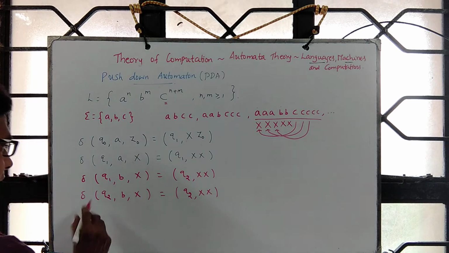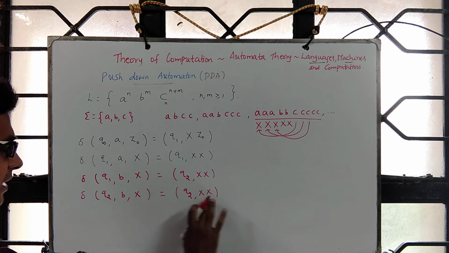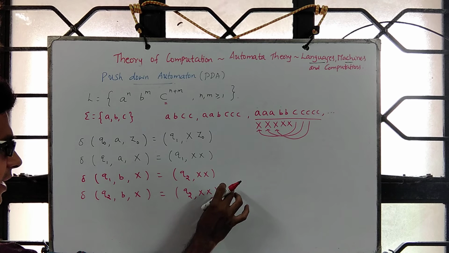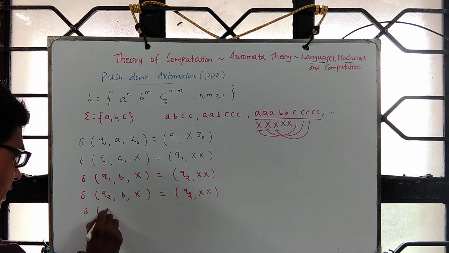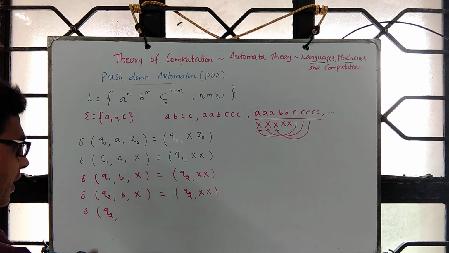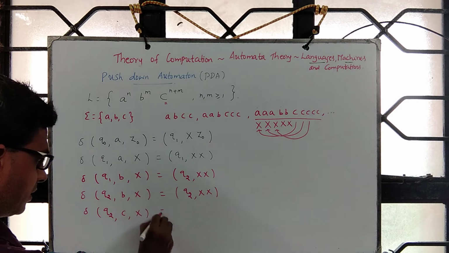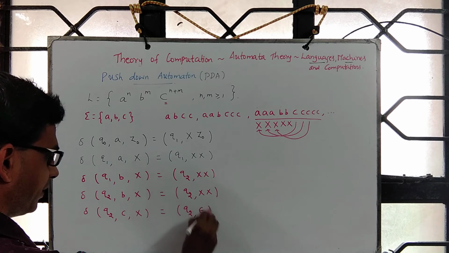Okay. Now we are reading at least one B and then reading subsequent B's through this. One can read any number. There is no relation between this and this. So now we are at Q2 and we read C, the top symbol is this, we stay there and pop.